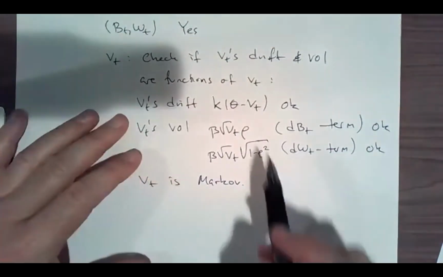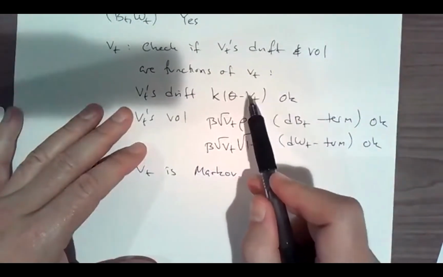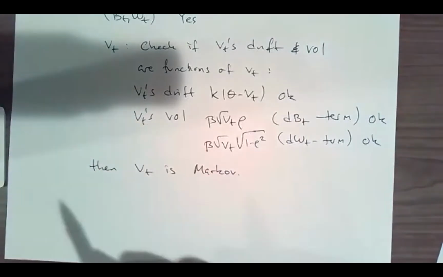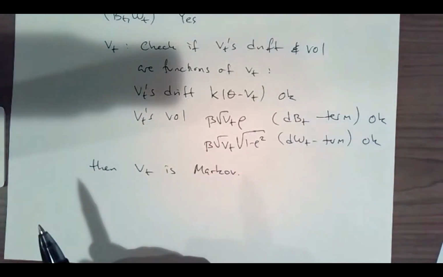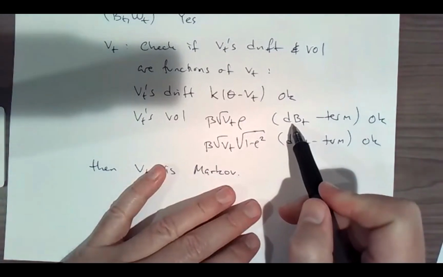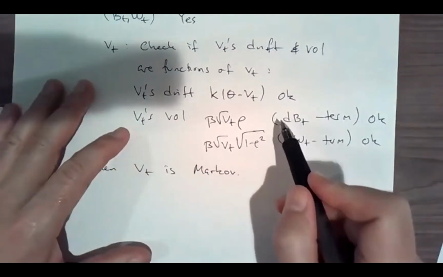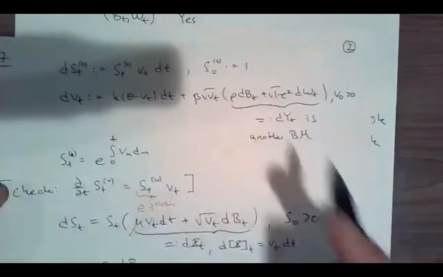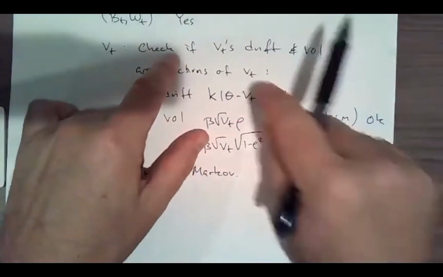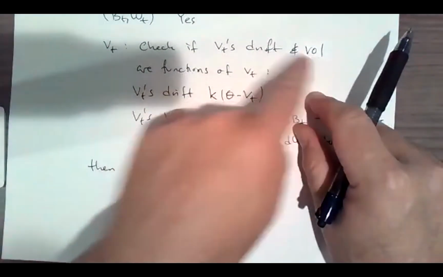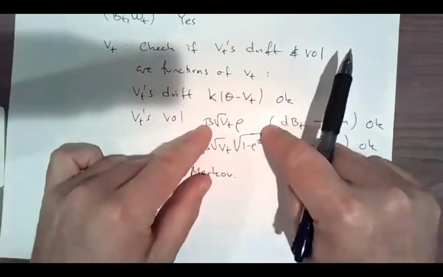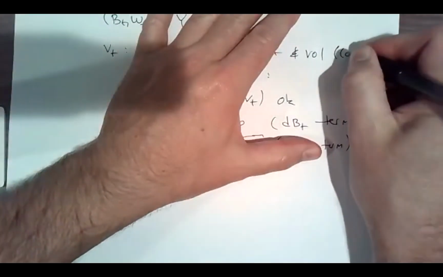So we have drift, and then there's the first vol term and the second vol term. So the dBT isn't a function. No, you just have to look at the coefficient. Oh, okay. You're right. You have to check if VT's drift and vol are functions. So those are the coefficients.